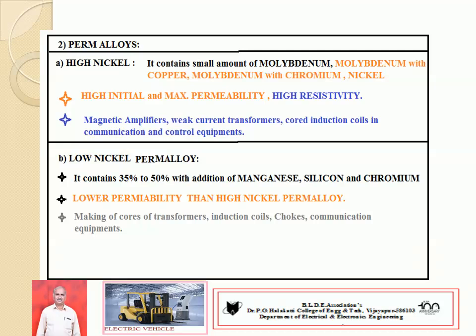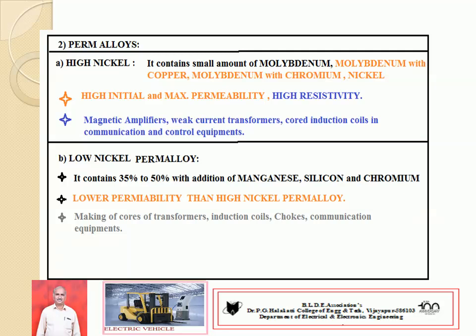Then second one, you have to take, firm alloys. These firm alloys contain mainly nickel as well as molybdenum, then chromium and copper. So, what are the properties you are going to get?